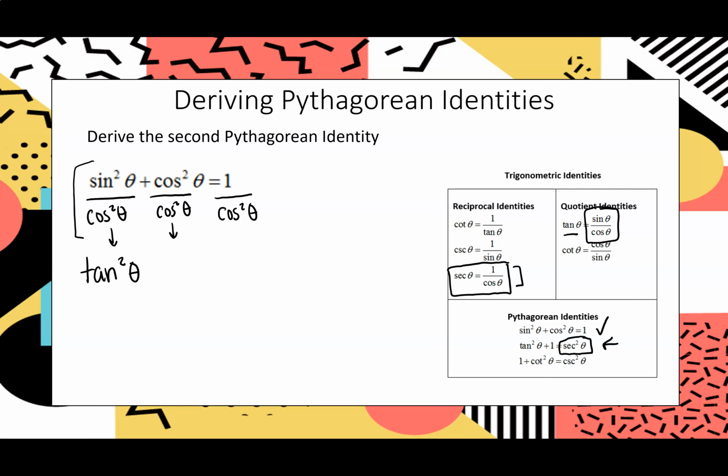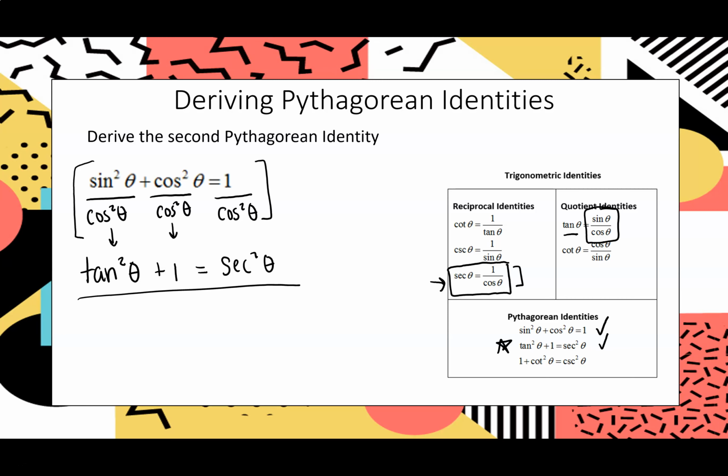That's simply 1. And we already reviewed this, but 1 over cosine is secant. So 1 over cosine squared is going to be a secant squared theta. Okay, so that does match. If you look over here, we've got a perfect match of tangent squared theta plus 1 equals secant squared theta.